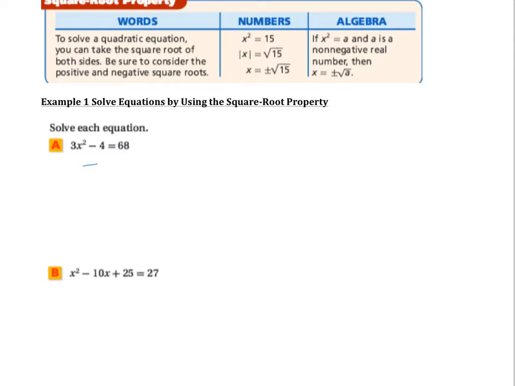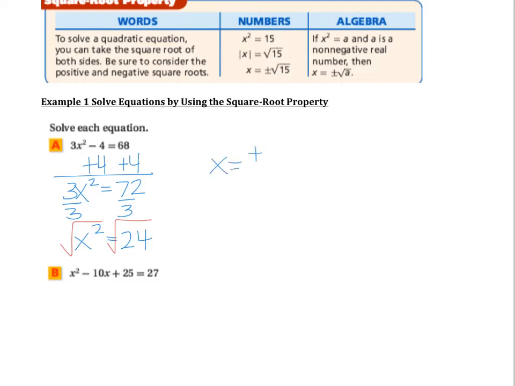So the first thing you're going to want to do is add 4 to both sides, and then divide by 3, so that you have the x squared all by itself. Now you can take the square root of both sides. It's going to be a plus minus answer.